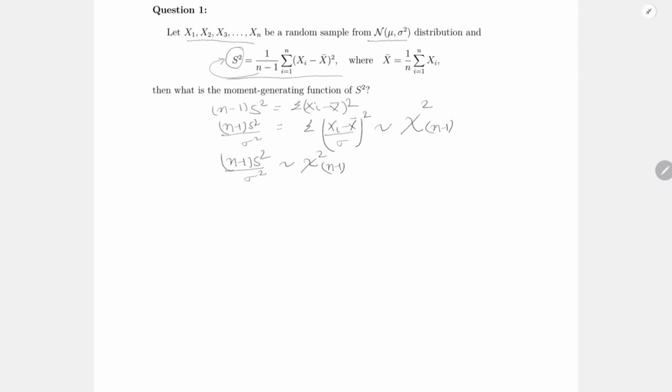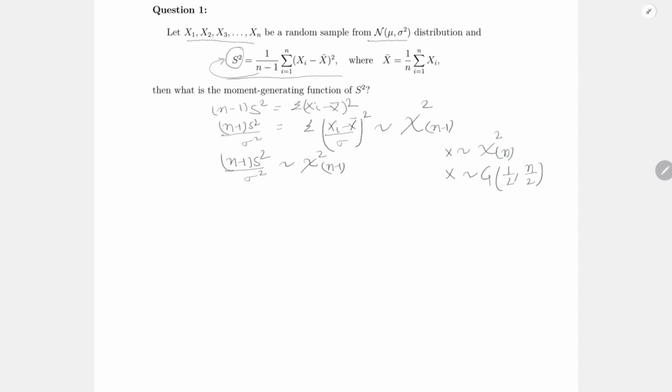Now, if x follows chi-square distribution with n degrees of freedom, then we write x follows gamma distribution with (1/2, n/2). Is it correct or not? Correct.